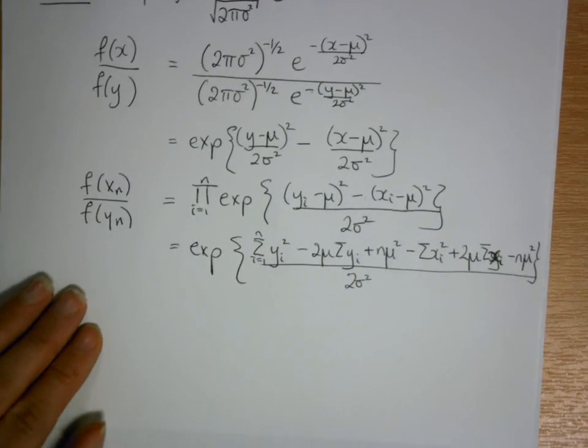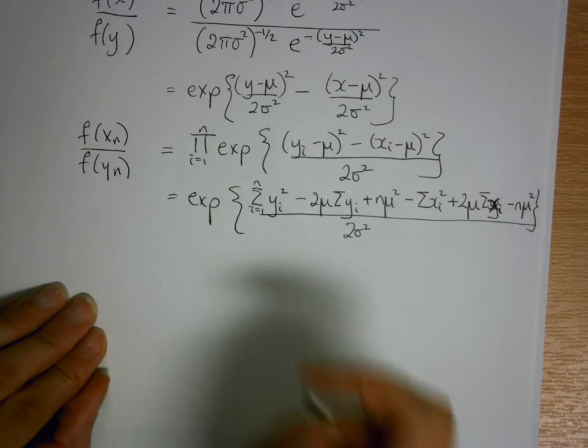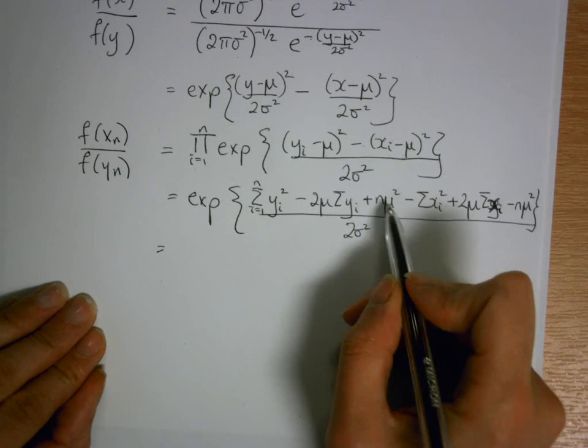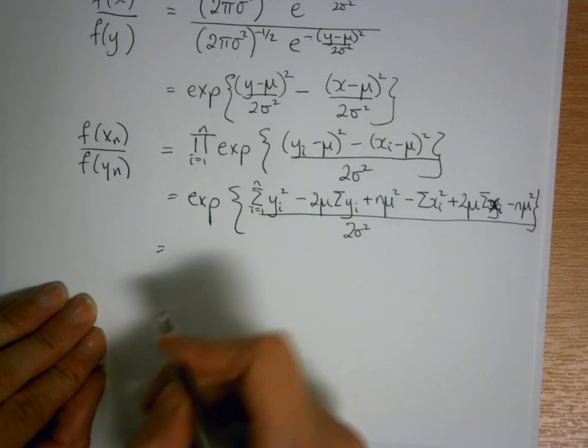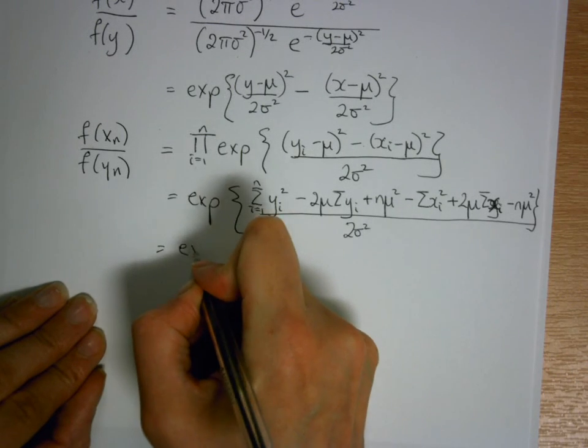So we tidy this up a bit. We have plus n mu squared minus n mu squared, so they will cancel each other out.